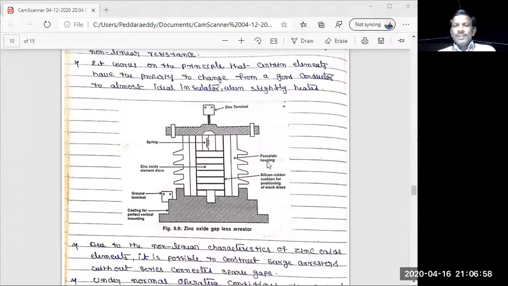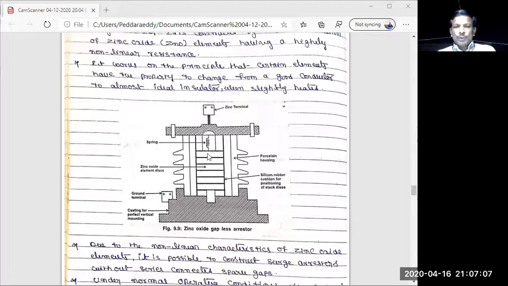When you see the diagram here, there are no spark gaps. You only see the zinc oxide element discs. These are all zinc oxide element discs. This is the top conductor, where we connect the conductor, and this is the ground terminal, where we connect the ground.